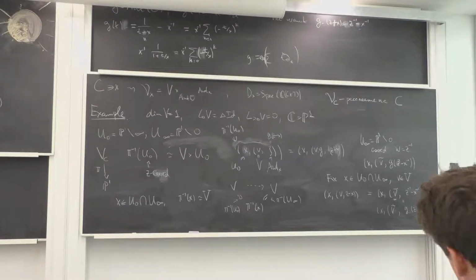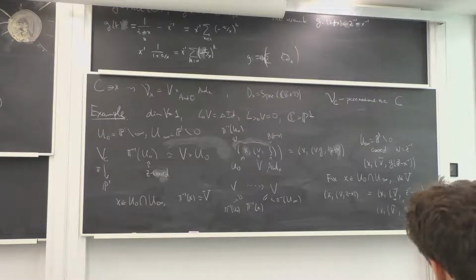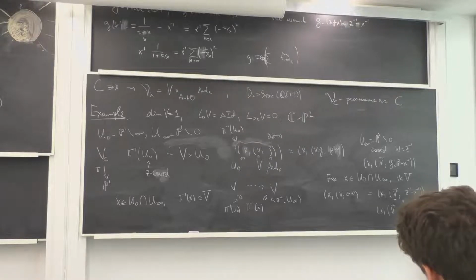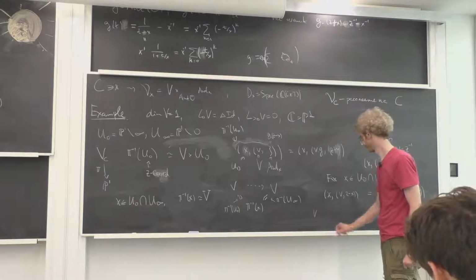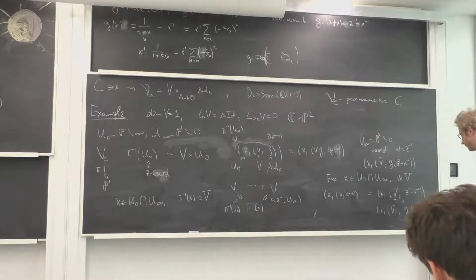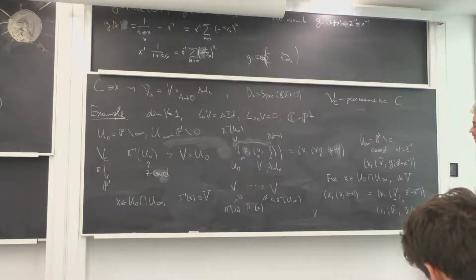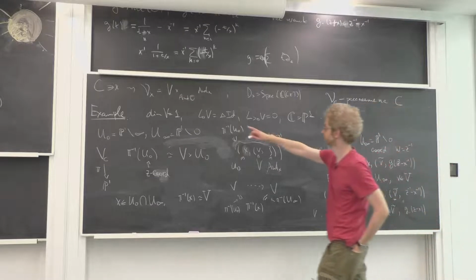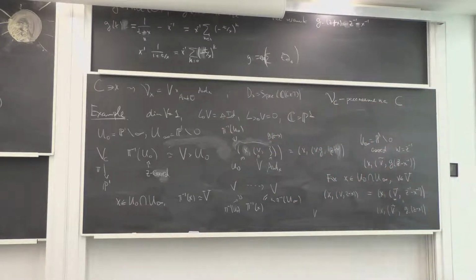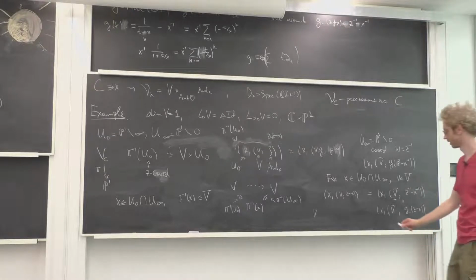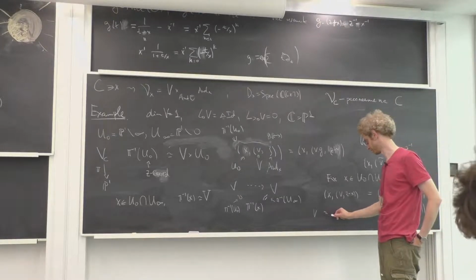Now, once again, how to relate v and v tilde? We should take something like a1 from g to the power of m and multiply it by v tilde plus this delta, yes?